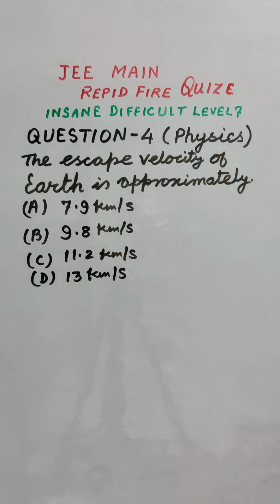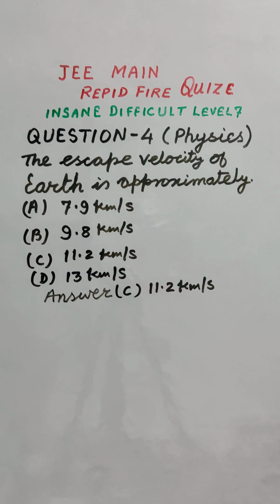So the escape velocity of Earth is approximately: option A, 7.9 km per hour, B, 9.8 km per hour, C, 11.2 km per hour, D, 13 km per hour. Your time starts. Your time is up. Correct answer is C, 11.2 km per second.